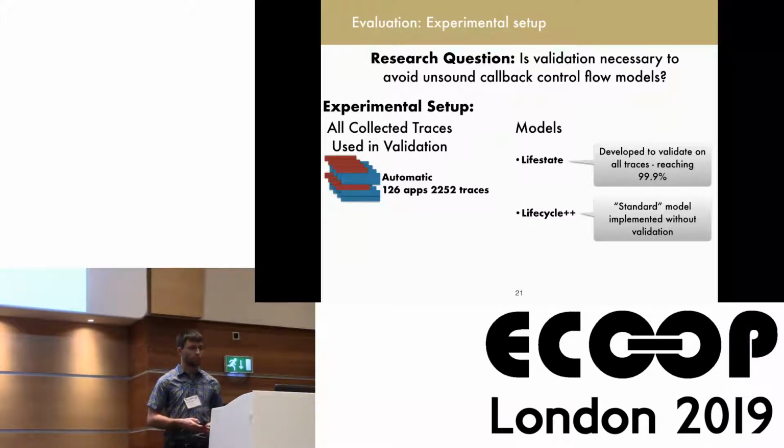With Lifecycle++, that's the standard model that's implemented without validation. We referenced the FlowDroid implementation of this to make something realistic about what you would do if you were trying really hard to make something that's good without having this extra check.